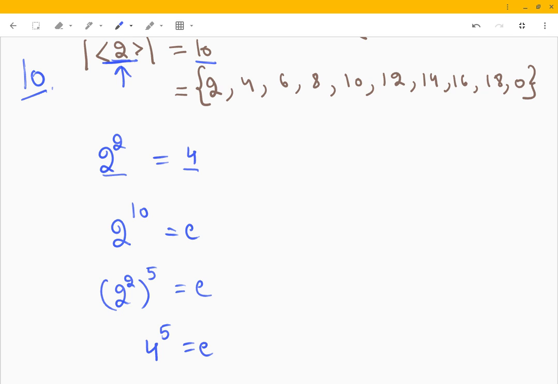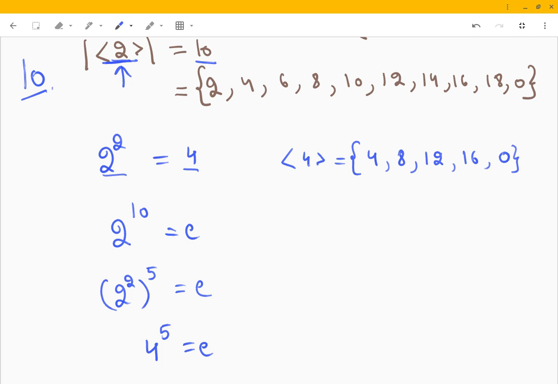This implies that the order of this, what would that be? Let's see. Cyclic group of 4. It will have 4, then 8, then 12, then 16, and 5 times 4, so 20, which is 0.